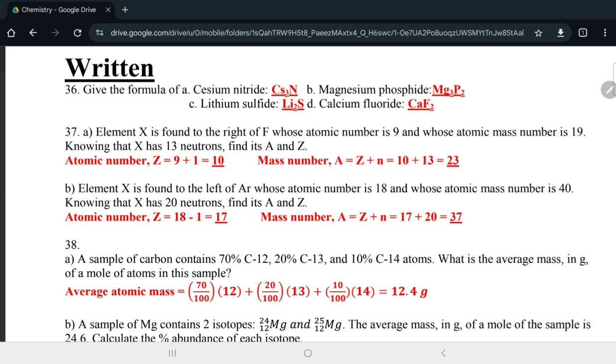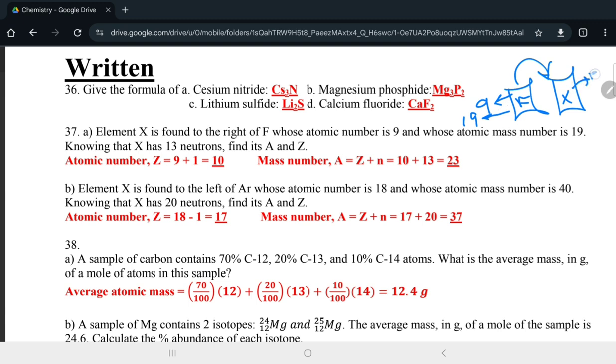Element X is found to the right of element F. The atomic number of F is 9, they gave it to you, and the mass number is 19.